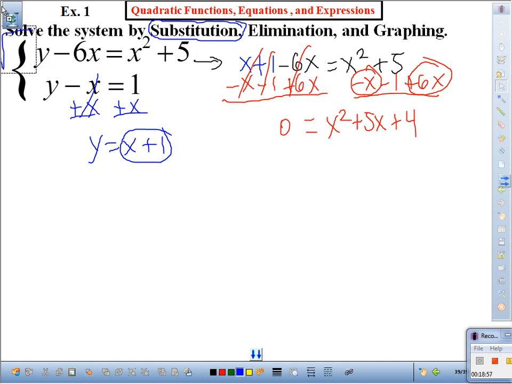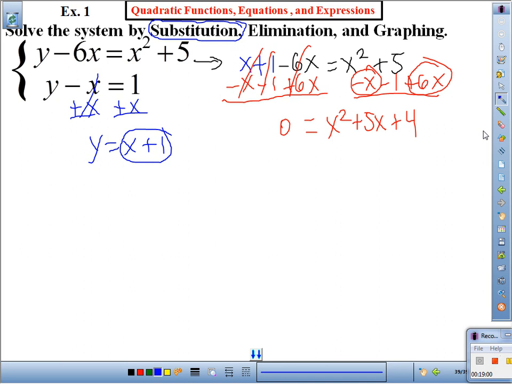What other method do you want to use? Factor by grouping. All right, Power Rangers. All right. Here goes. This is 4. This is 5. And I want you to finish that one by yourself. Let's see how you do.